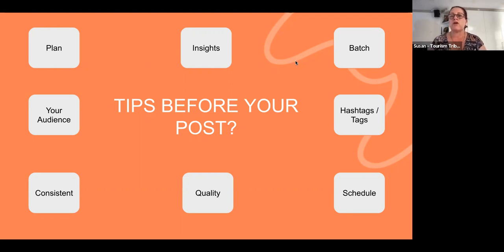A big one that I find makes my life a lot easier is batching. What I mean by batching is I might go out for a day, or a couple of hours, or just find an hour somewhere, and take photos galore, take videos galore until I've got that much content.